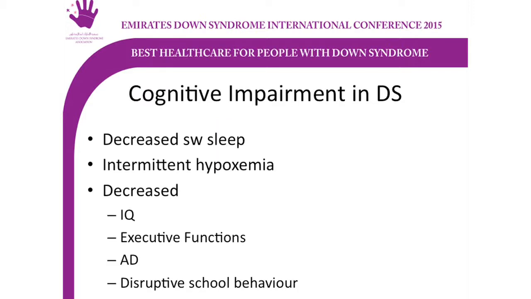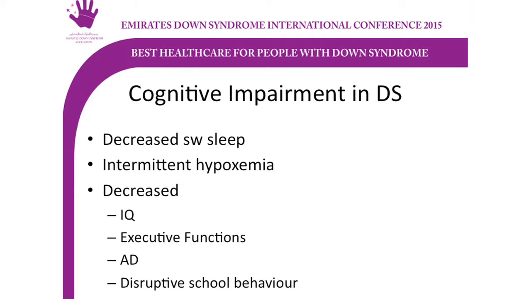Okay, now the cognitive impairment, which is really common in patients with Down syndrome, most of the theorists were thinking that it is related to the sleep. Because of the interrupted sleep multiple times, because of the apnea, they're having decreased slow wave sleep, which is the deep stages of sleep.